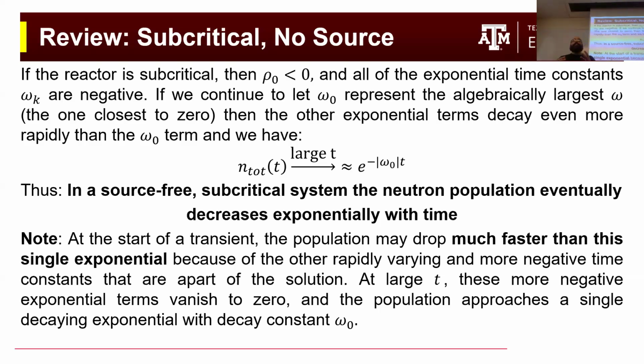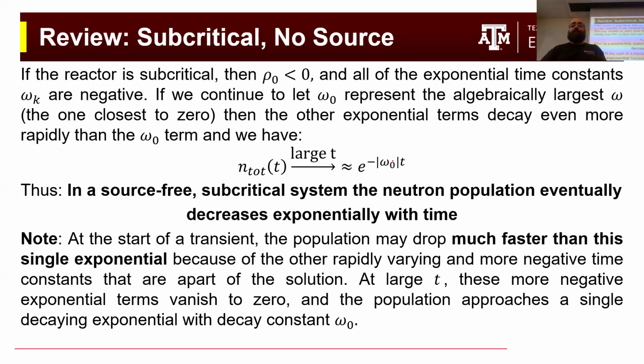And the one that's going to stay there the longest is the one that has the algebraically largest time constant, which is omega zero. So if you have a subcritical system and you ask what does my solution look like as time gets really big, it's going to be governed by the exponential with the algebraically largest time constant, which is that omega zero exponential.